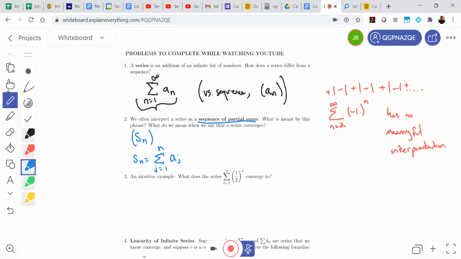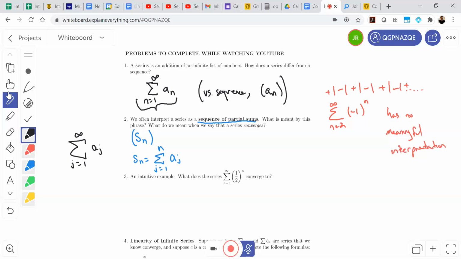Again, our series is this object over here. I'll rewrite it using the j notation: the sum as j goes from 1 to infinity of a sub j. This was our infinite series, adding up infinitely many numbers. But the sequence of partial sums scaled it back and said, what if we add up not infinitely many numbers, but the first n numbers?